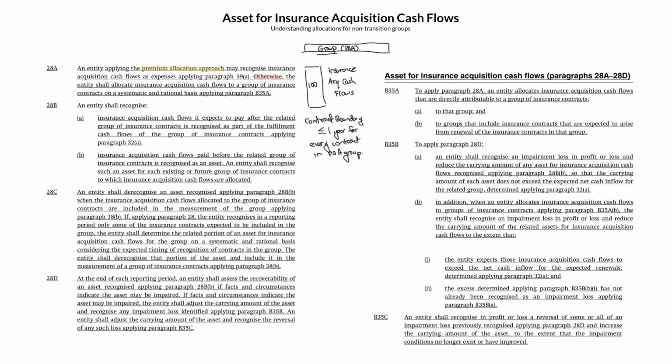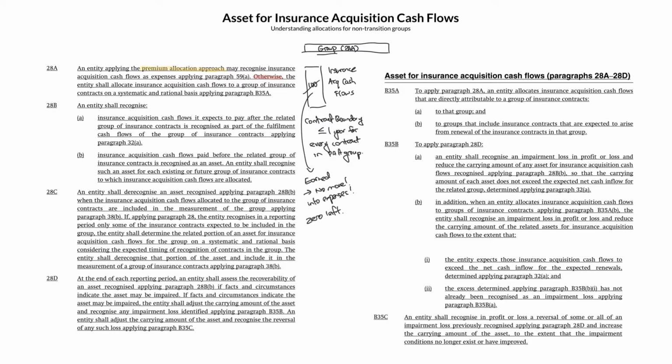That means it disappears because you just earn it completely. You recognize them as expenses. So what are you left with? 0 left.